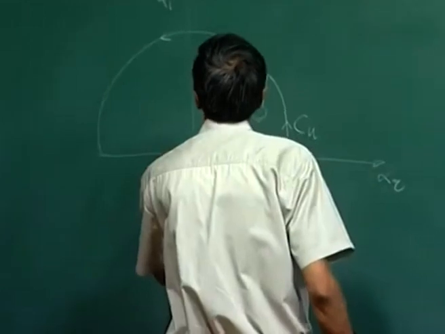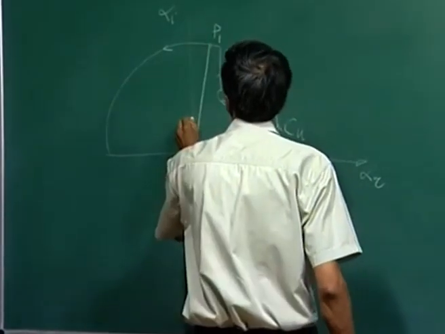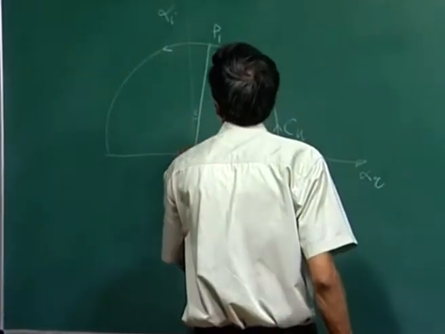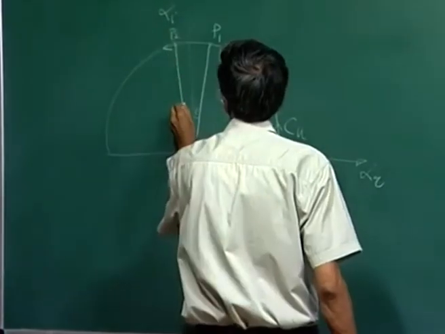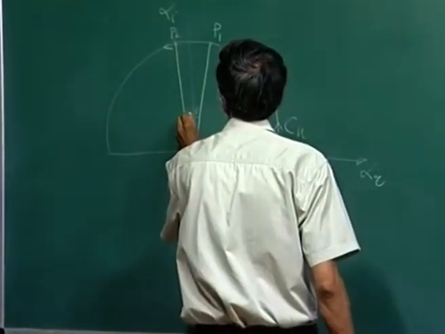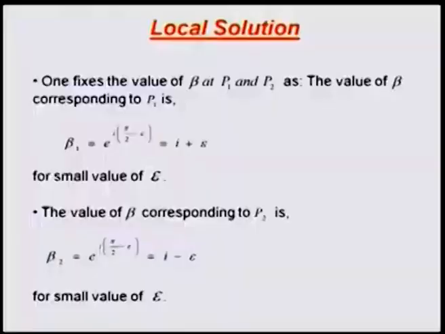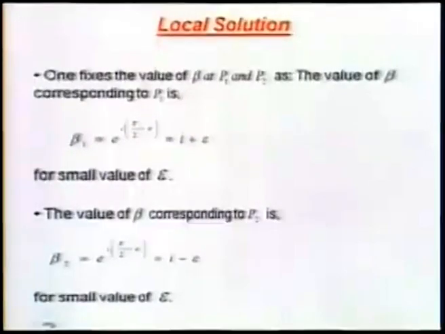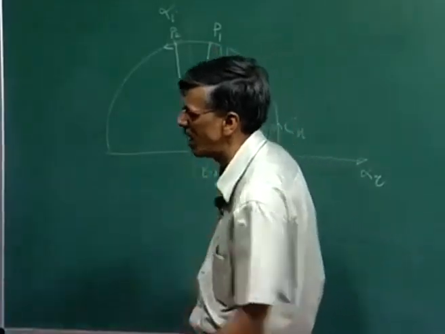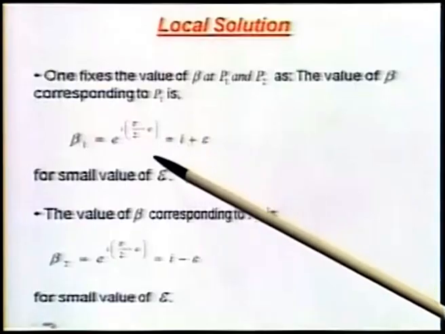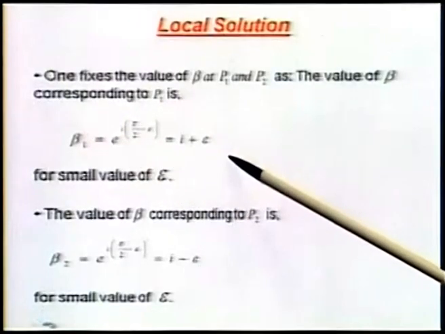by positioning, this is your P1 and this angle is epsilon, and similarly I have another point here, P2, and that angle is also epsilon. So we can find out the corresponding value of beta. On this side your theta is pi by 2 minus epsilon, right? So if I do that, beta 1 can be written as i plus epsilon.